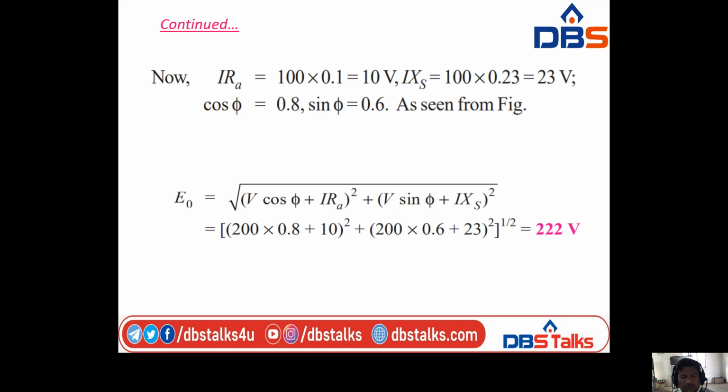Therefore E naught is equal to square root of (V cos phi plus Ia Ra) square plus (V sin phi plus Ia Xs) square. So V is 200, cos phi 0.8, plus Ia Ra 10, squared, plus 200 into 0.6 plus 23, squared, all under the square root. By calculator, we get E naught equal to 222 volts.